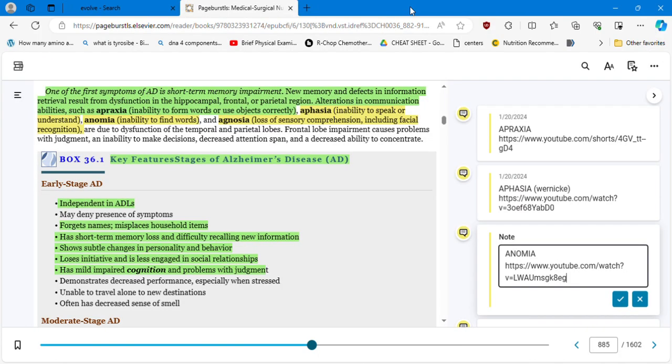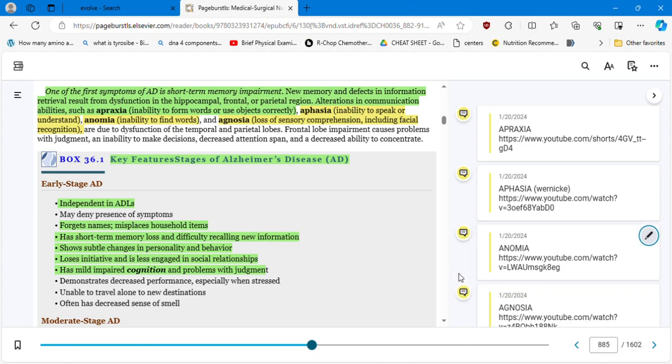So you see right there, she cannot find the right word for that tool. So we saw apraxia, so far inability to form words or use objects correctly. Apraxia, that was the baby that couldn't form the word yellow. Then we saw the aphasia, which is the inability to speak or understand.